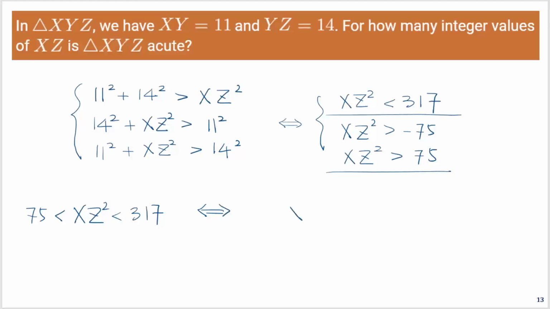Also note that XZ is an integer. The length of XZ is an integer, right? So this gives us XZ must be between 9 and 17, closed interval, right?